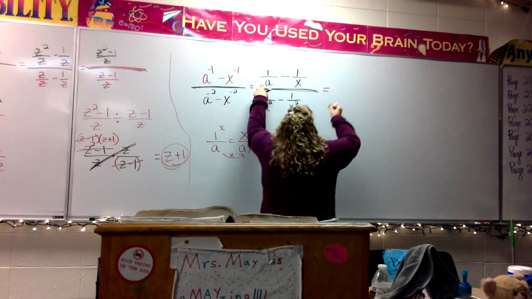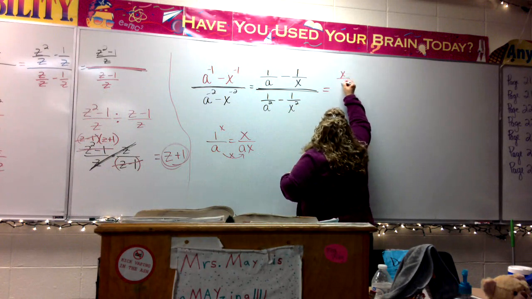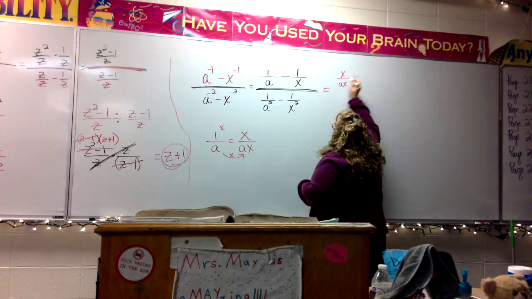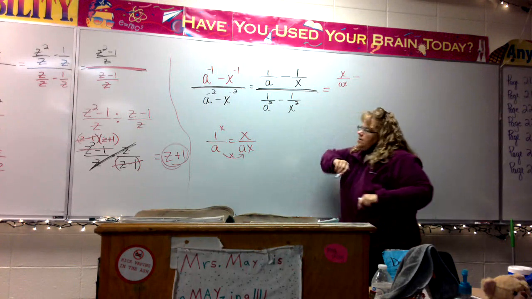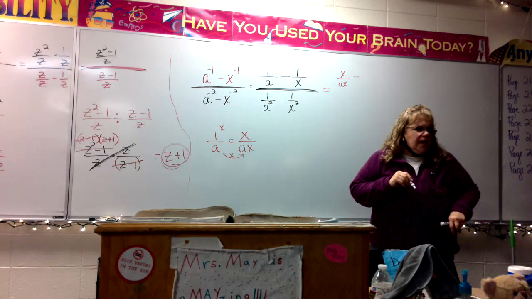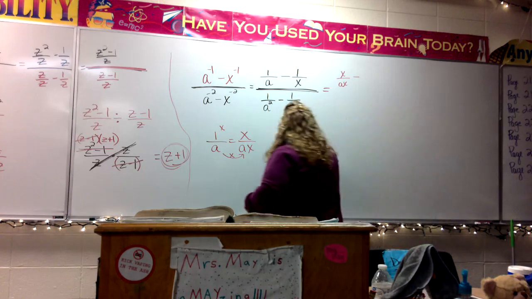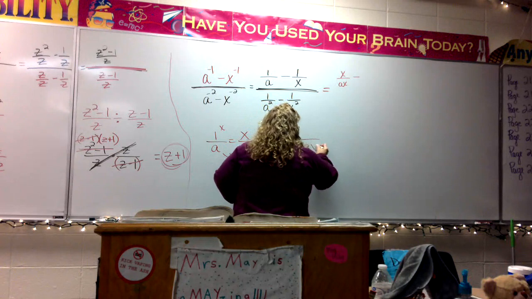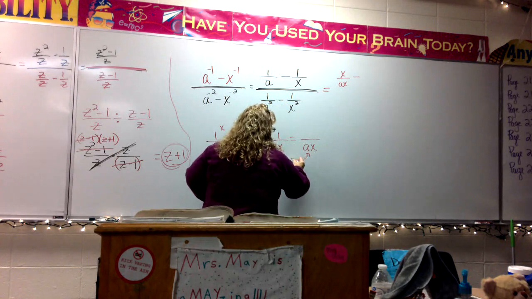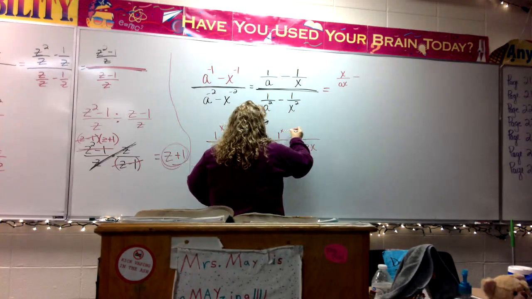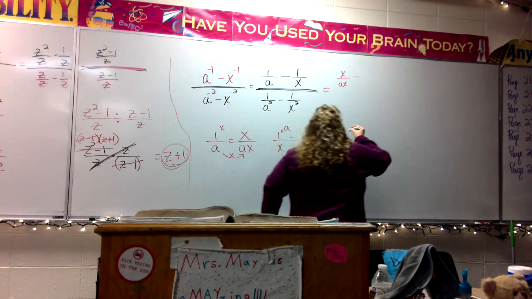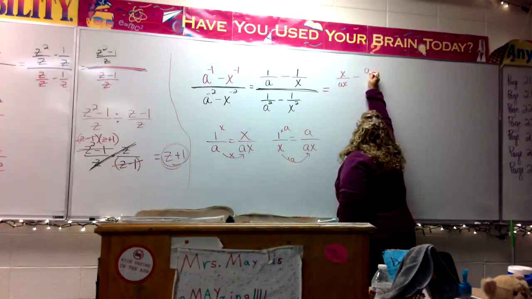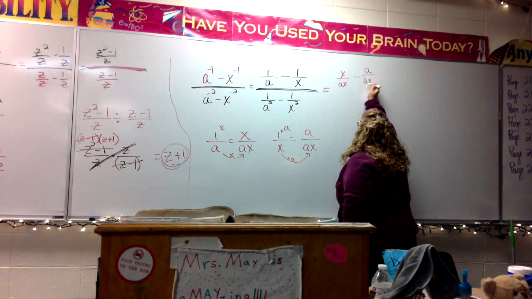So this first thing is going to be x over ax minus, remember our denominator? ax. So 1 over x, and I need ax by a times by a. So that one is going to be a over ax.